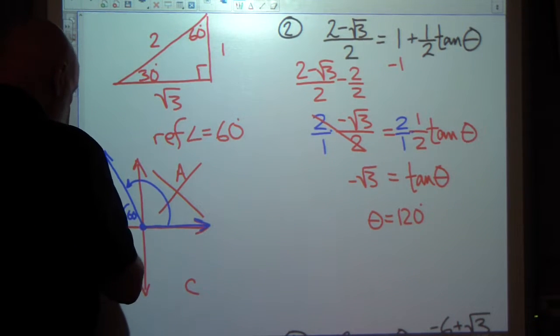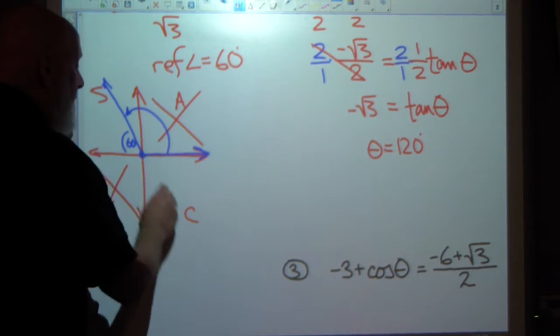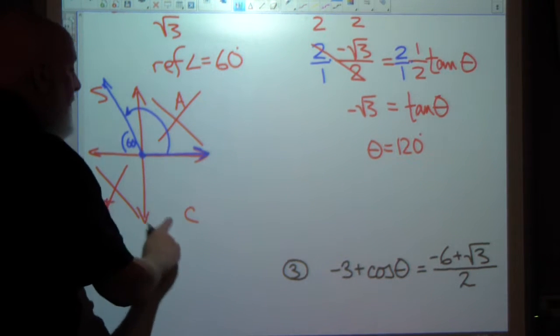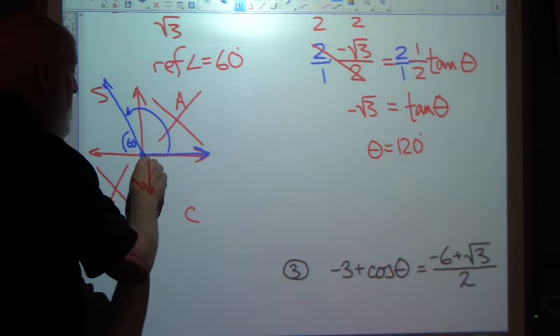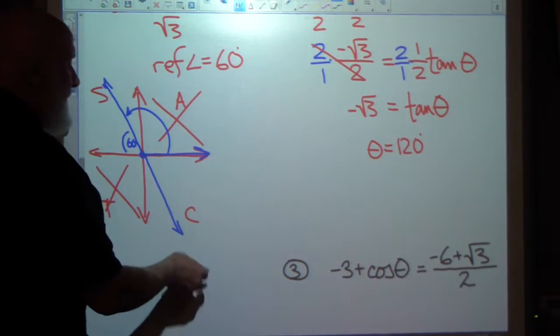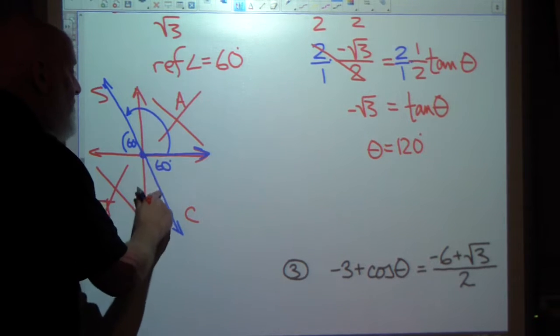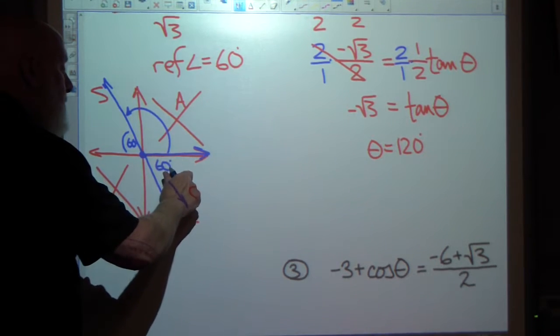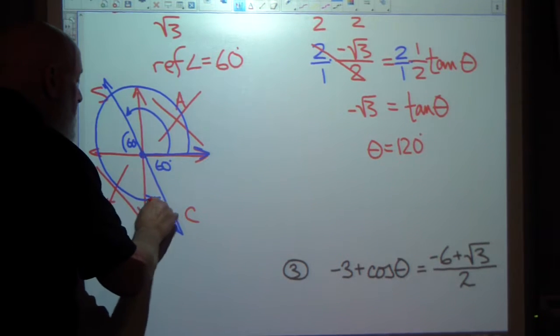The other quadrant I'm going to draw a 60-degree reference angle in would be quadrant 4 because tangent is only positive in 1 and 3, so quadrant 4 reference angle 60 degrees would look something like this. That's not a very good angle, but the reference angle is between the terminal side and the nearest x-axis, and I want now this angle of rotation.